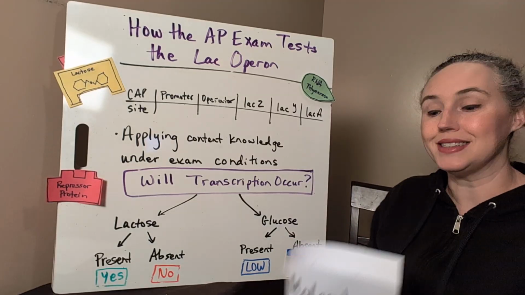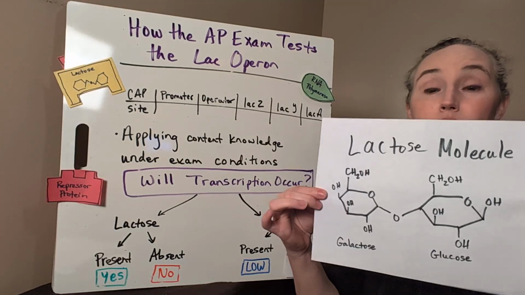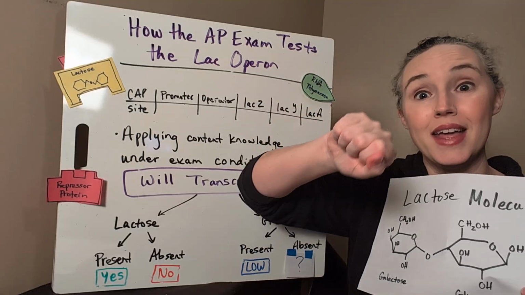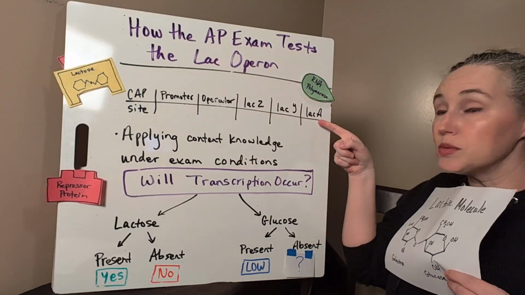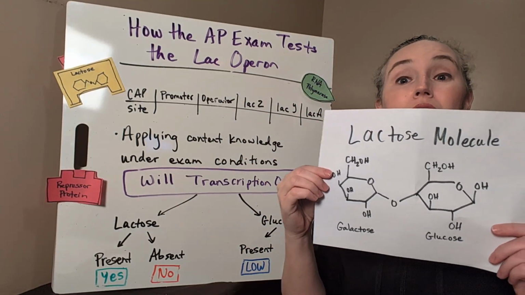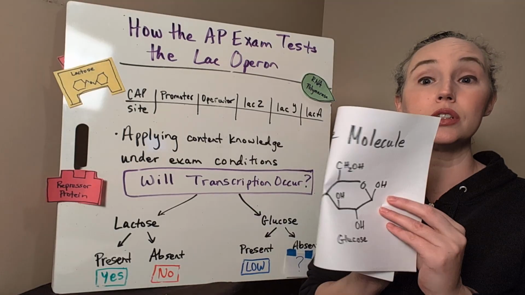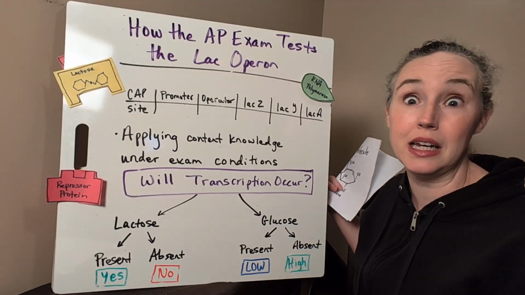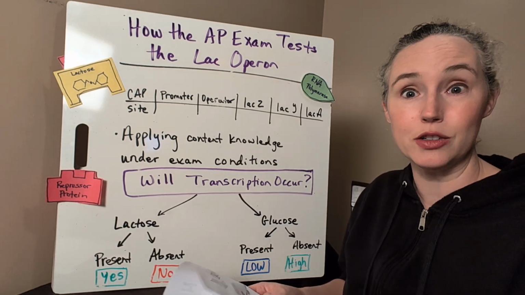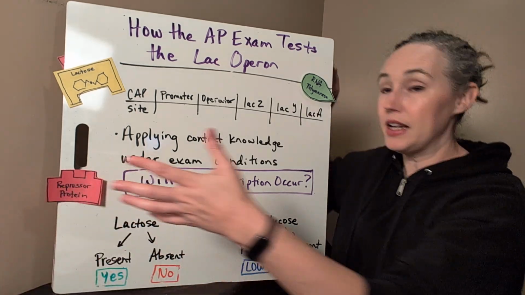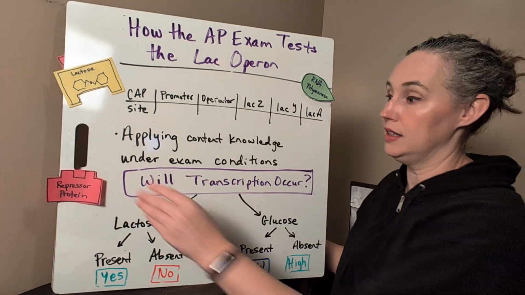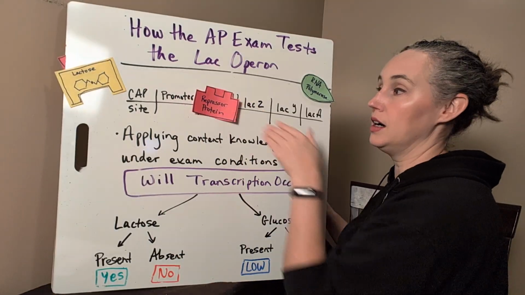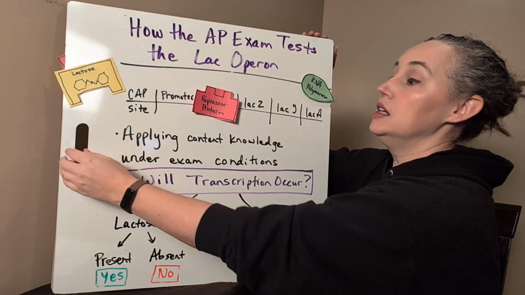And if glucose is absent and lactose is the only thing there, then it will crank up the transcription of these genes to high so that we can convert lactose to glucose, because we need it, because there's no other source of energy. Then when lactose goes away, the repressor goes back on, and we're good.